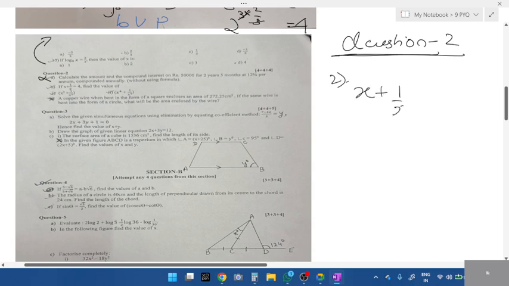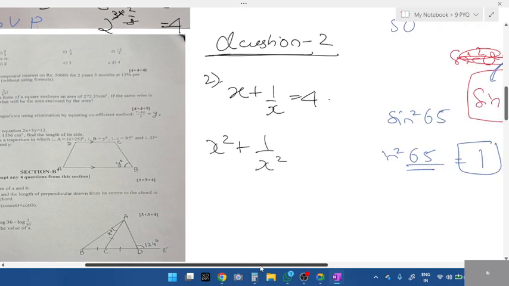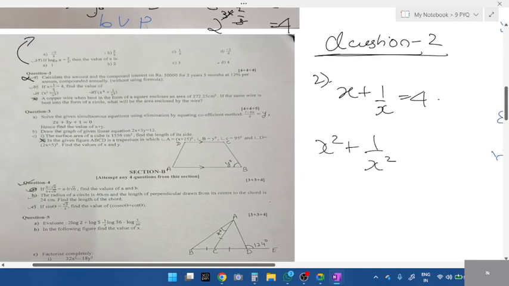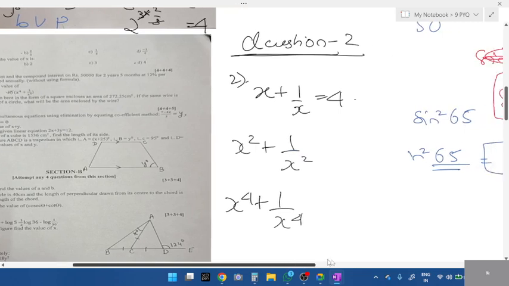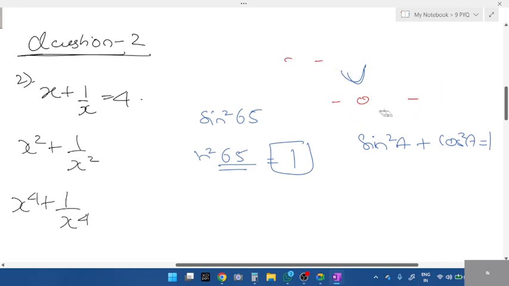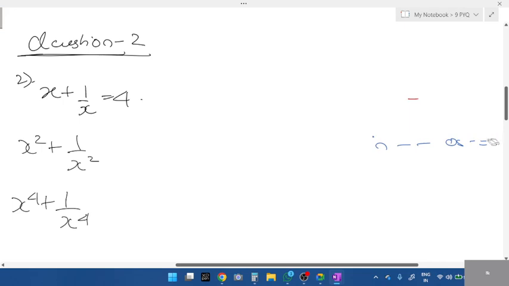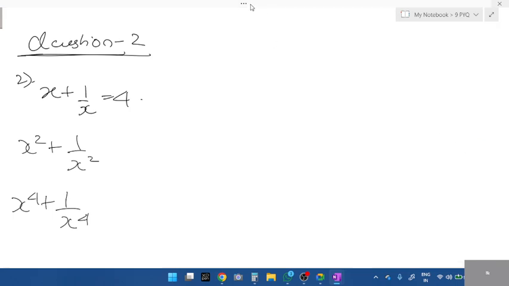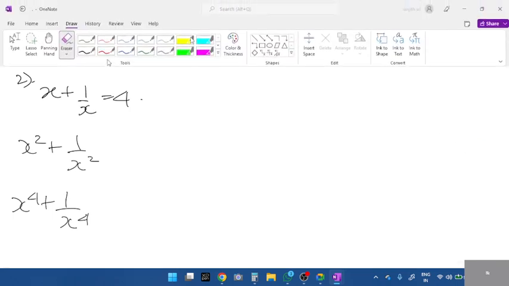x plus 1 by x is equal to 4. Expansion. What is the value of x square plus 1 by x square? How do you solve this question? And x to the power of 4 plus 1 by x to the power of 4. How do you solve this question, students?